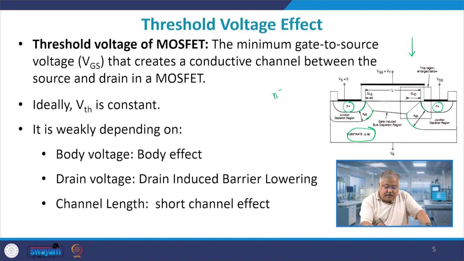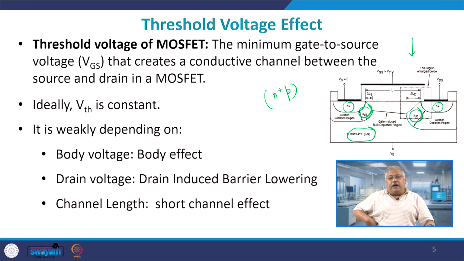So there will be an N plus p depletion region which will be formed, right. And similarly on the right hand side there will be also an N plus p depletion layer which will be formed. So this is referred to as XDS and this is XDD, depletion width on the drain side, depletion width on the source side.